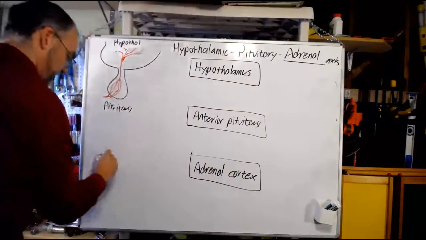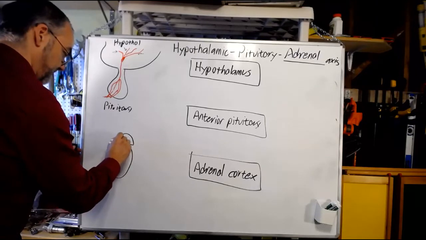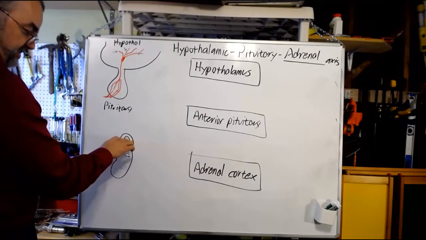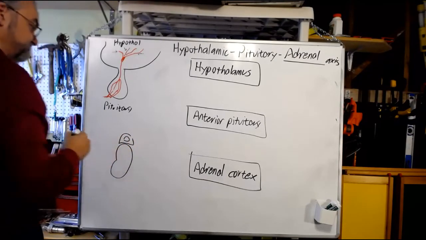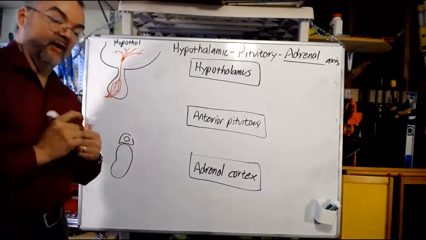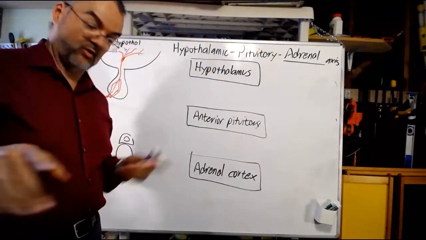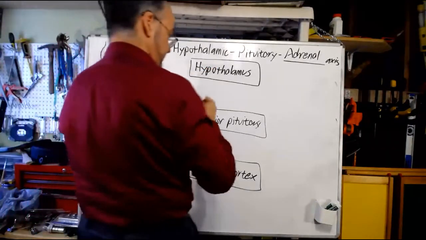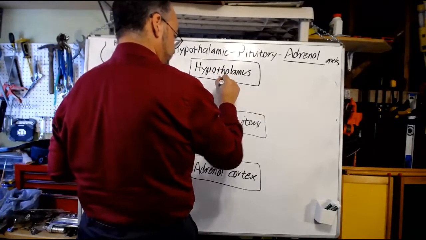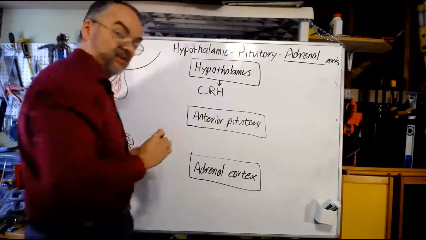So on our picture here, let's put in our adrenal gland on top, and the cortex is this part out here. Now, the hypothalamus produces a releasing hormone which affects the anterior pituitary. You know what that is. That's corticotropin releasing hormone, CRH.